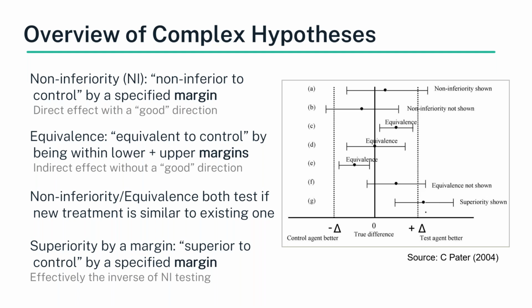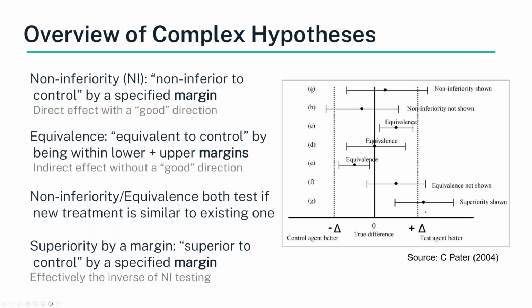And so the main requirement that is an additional one to the inequality test is the addition of this non-inferiority margin, which is the effect size below which you would find a new treatment to be inferior to control.